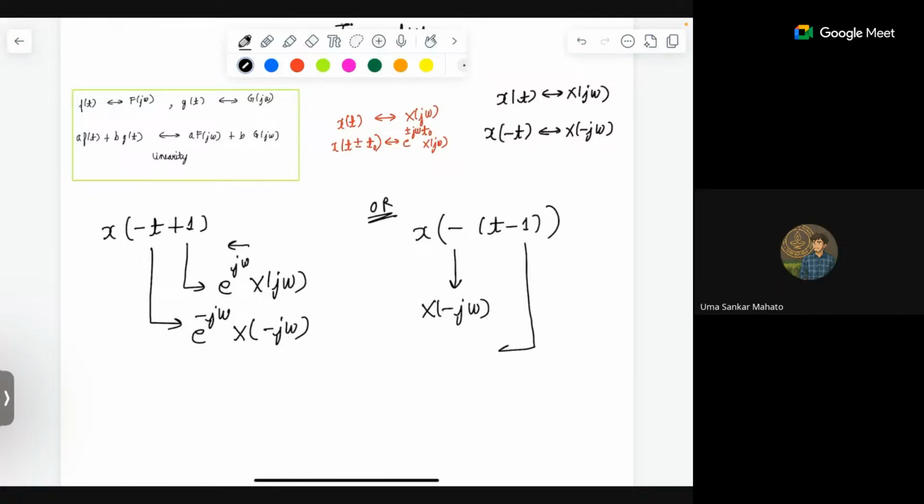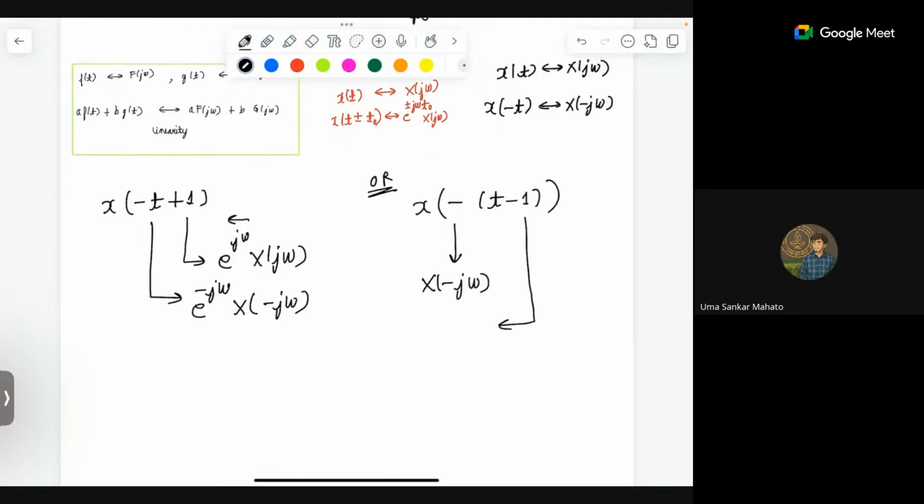Next, I will do time shift, and this time it is minus 1 because we took the minus sign common. So it will be e raised to the power of minus j omega times X of minus j omega. So whether you do scaling first or shifting first, you are going to get the same one. So this was for this first term. Is this clear?